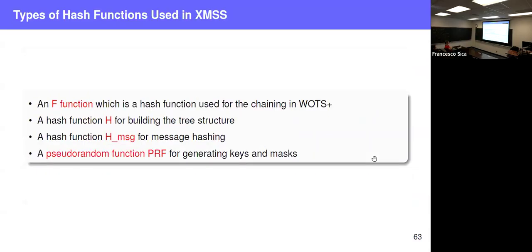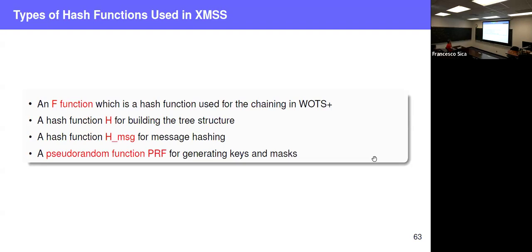During the XMSS process, we have 4 kinds of hash function. The F function is the hash function used during the hash chain function. The H function is used on top of the words public key pair, and during the tree, I mean the Merkle tree, we will use the H function.